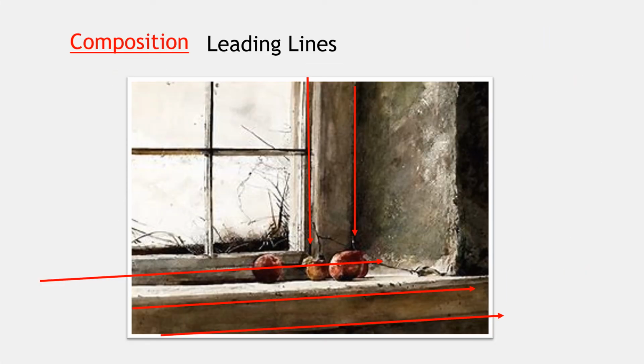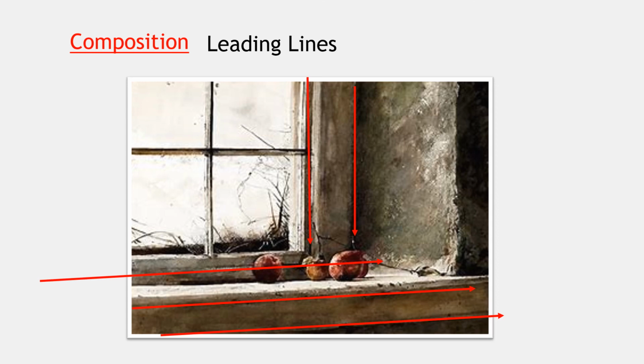Another point that you could have made about the composition of this painting is leading lines that lead you towards the focal point. So you can see with the framing of the windowsill and the lines in the wall, they all lead you towards the apples that are in the centre.